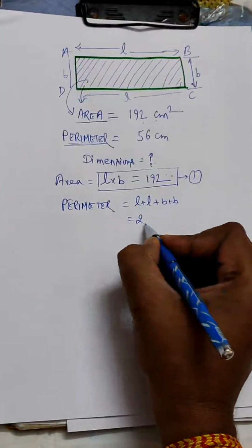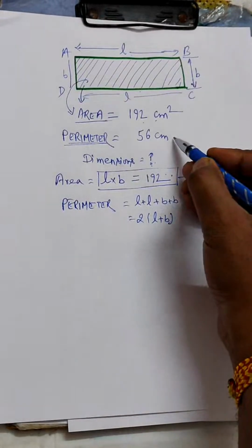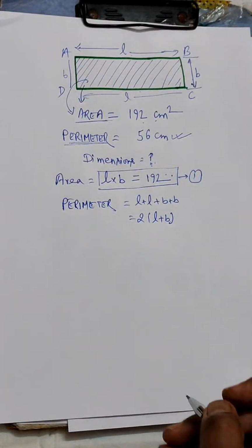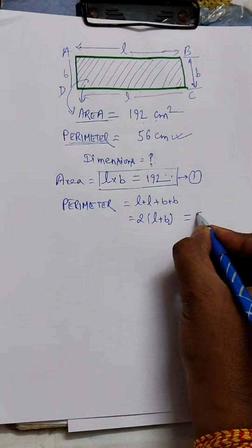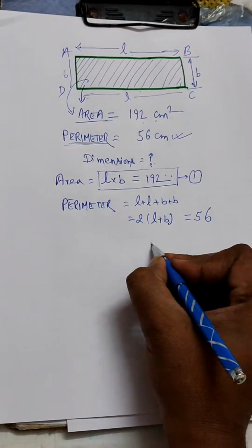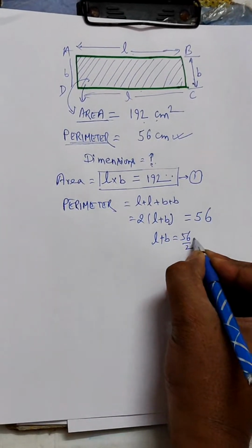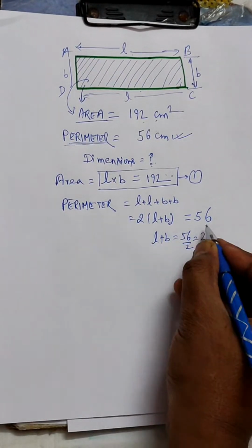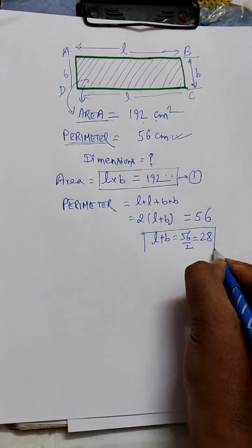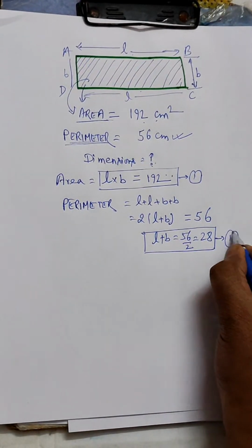So this will give you 2 times (L plus B), right? And this value is given as 56. So now equate this with 56, right? So we are left with L plus B as 56 by 2, which is equal to 28. We remove 2 from LHS to the RHS. So this is one of the equations. So let's say this is equation number 2.